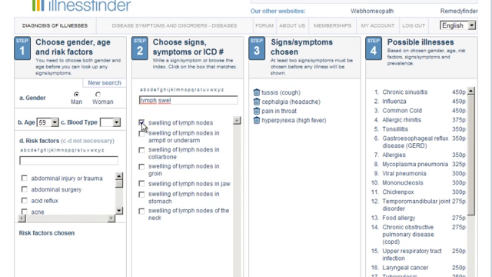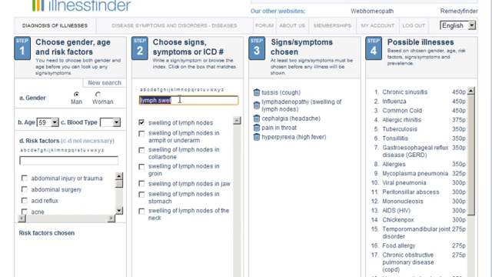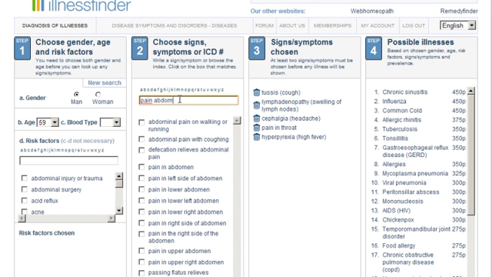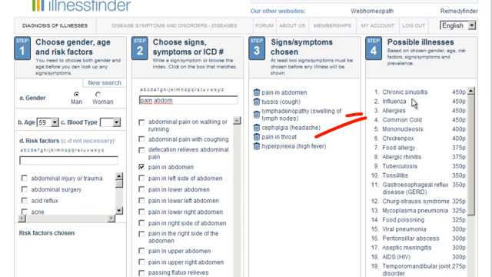And he even had pain in abdomen. So I think he went to 5 different doctors, and they basically came to the conclusion that he had a chronic sinusitis, influenza, common cold, allergies.